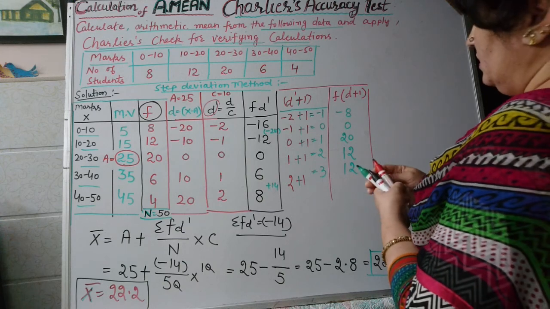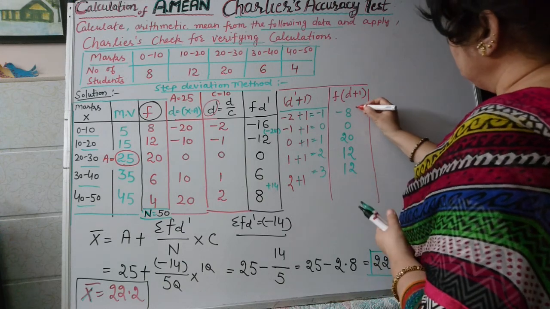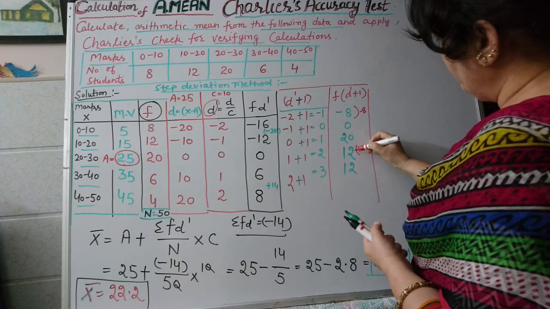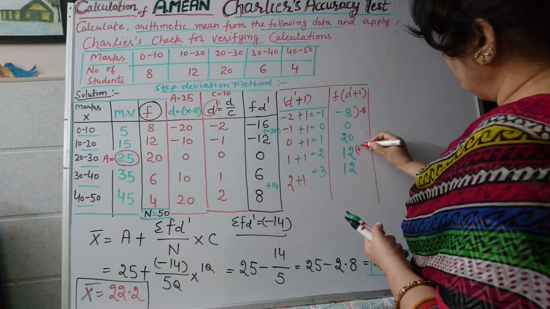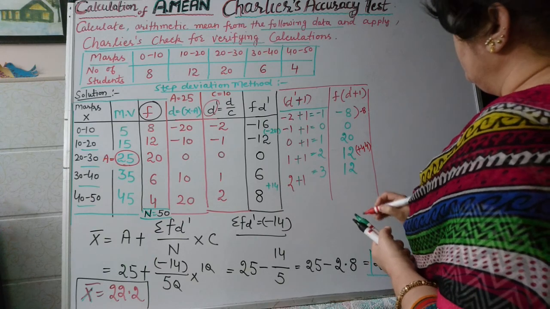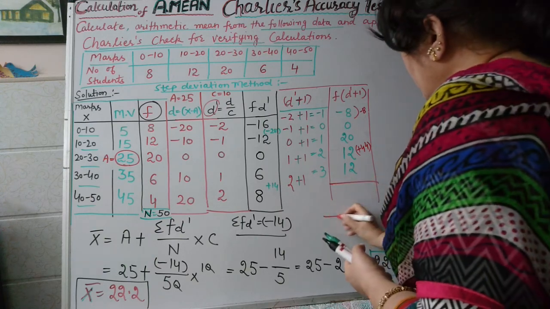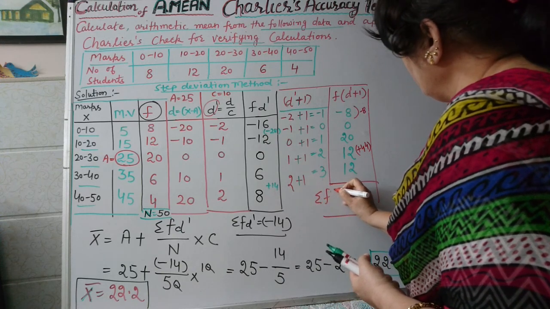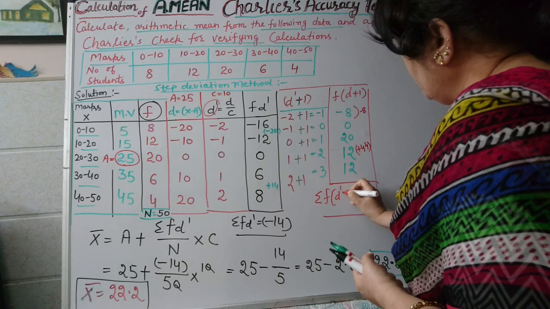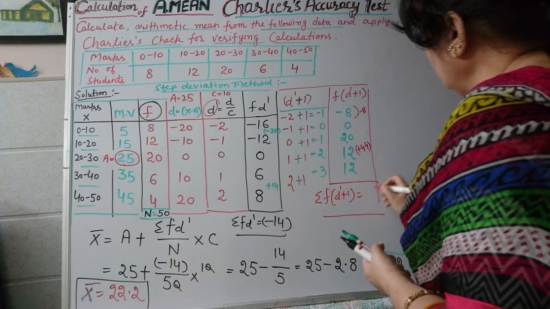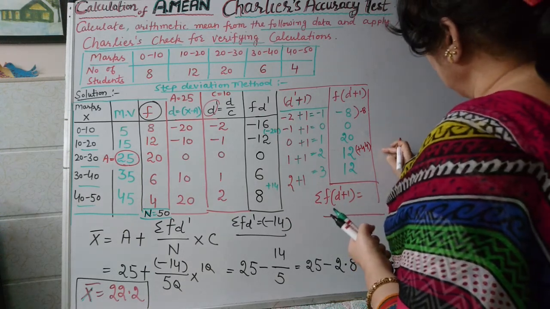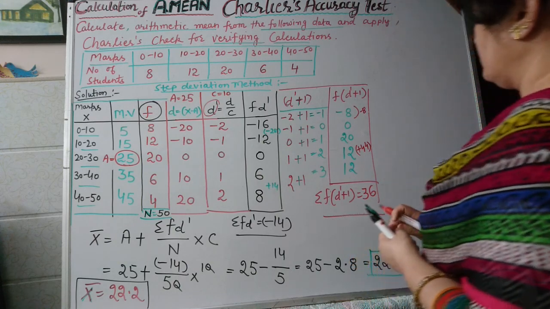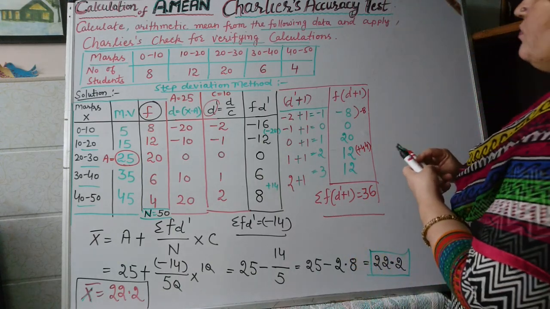So here negative values are minus 8 and positive values are 44. So we have to calculate summation f d dash plus 1 is equal to 36. Now let us apply the formula.